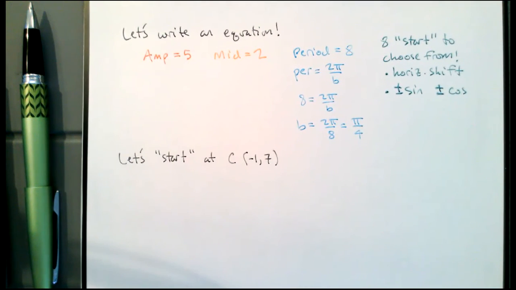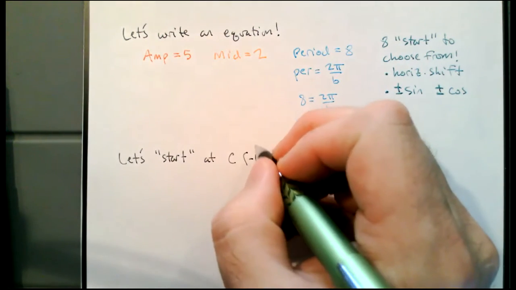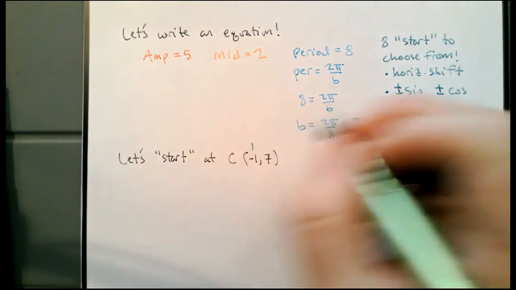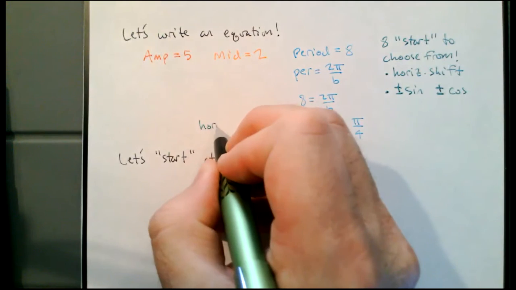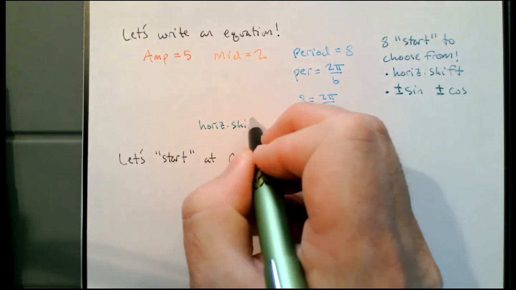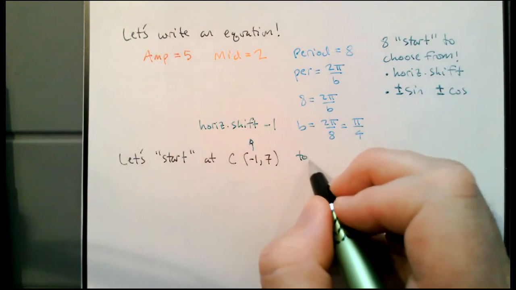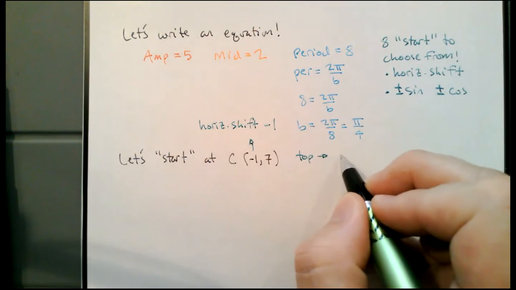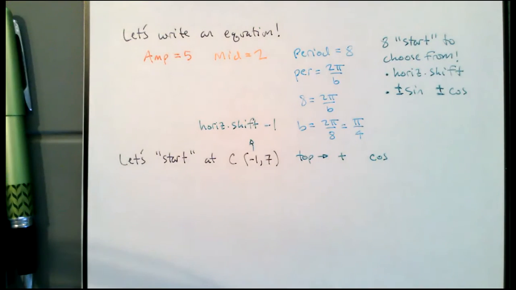First of all, C is at the top of the graph, so that means we're going to use a positive cosine. So first, follow the order here. The horizontal shift is -1. C is at the top, so we're going to use positive cosine. That's based on saying I'm going to start this graph at C.